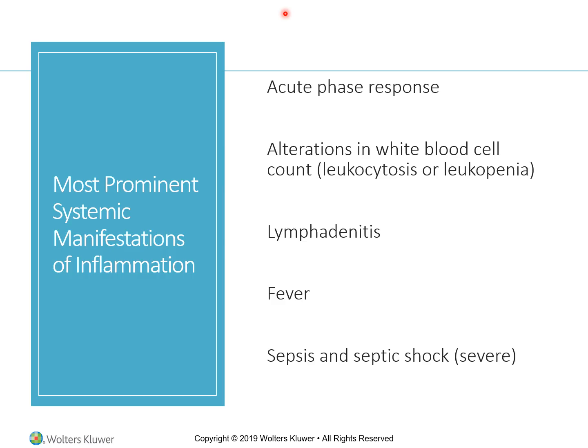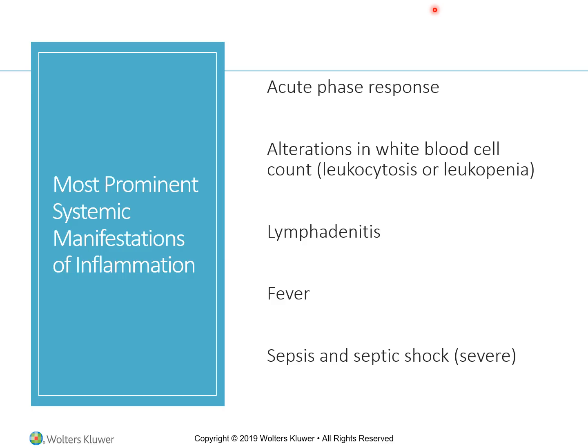So ideally, inflammation remains local. We're going to talk now about what happens when it doesn't, when we get those, as we referred to earlier, systemic or system-wide manifestations of inflammation.